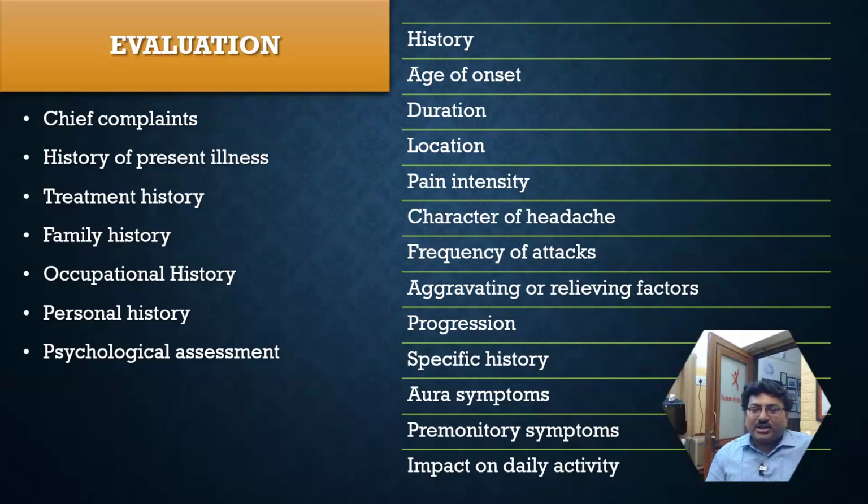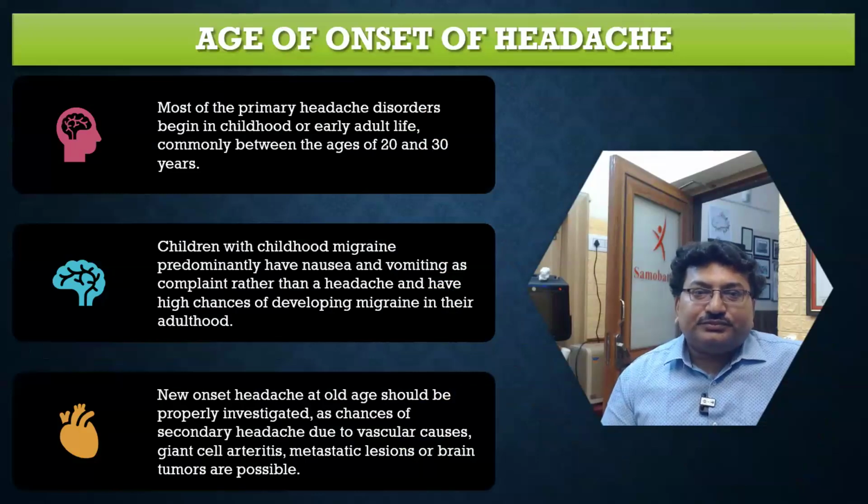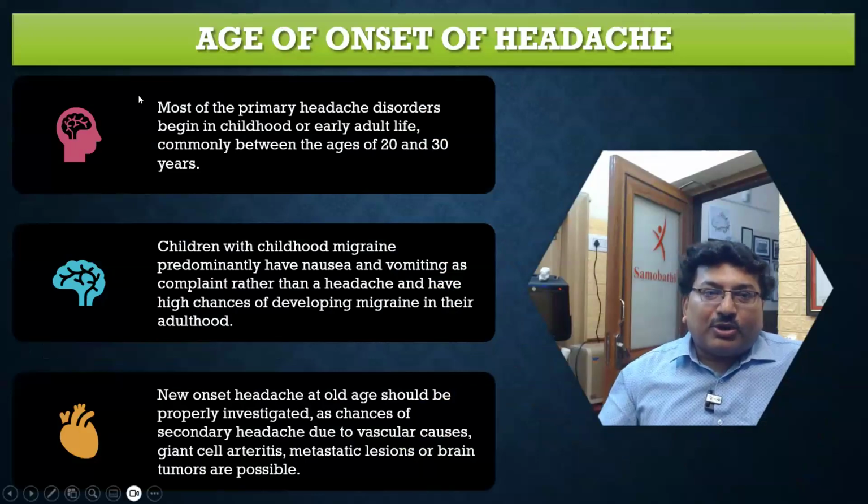Then duration, how long it is continuing, location of the headache, pain intensity, then character of the headache, frequency of the attacks, aggravating or relieving factors, progression of headache, specific history, aura symptoms, premonitory symptoms, impact on daily activity. So I'll be explaining each and every point here so that we can understand the history taking in headache in a better way. So let's start with the age of onset.